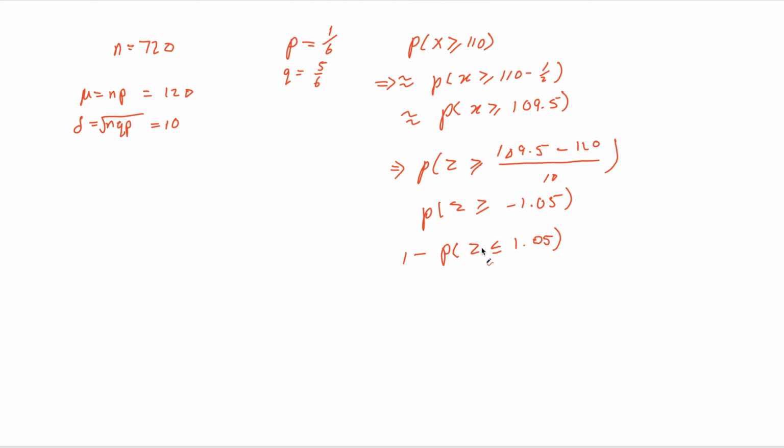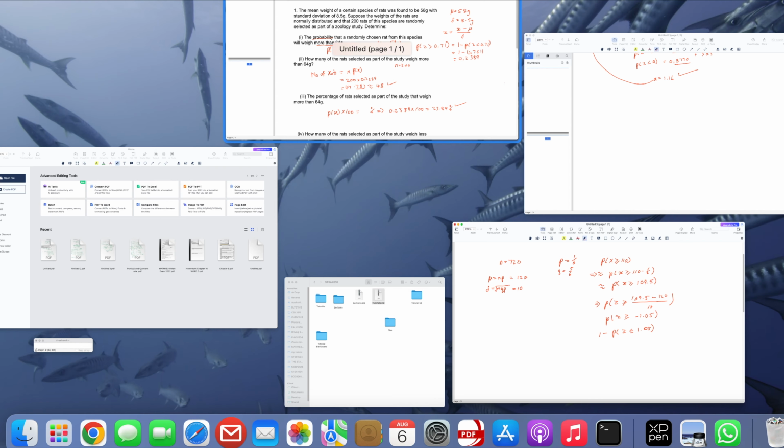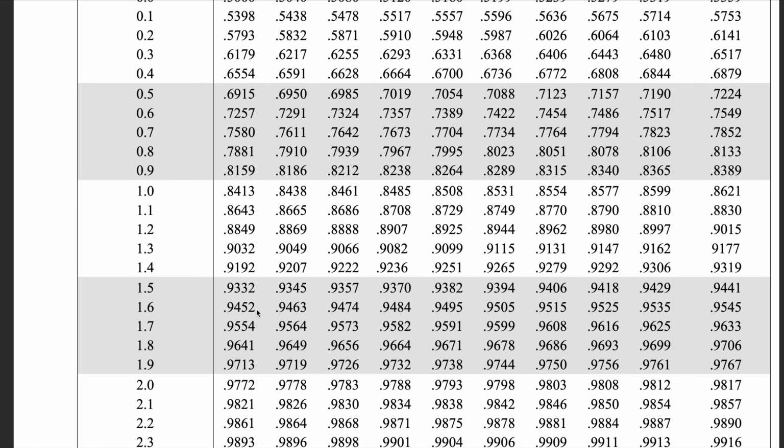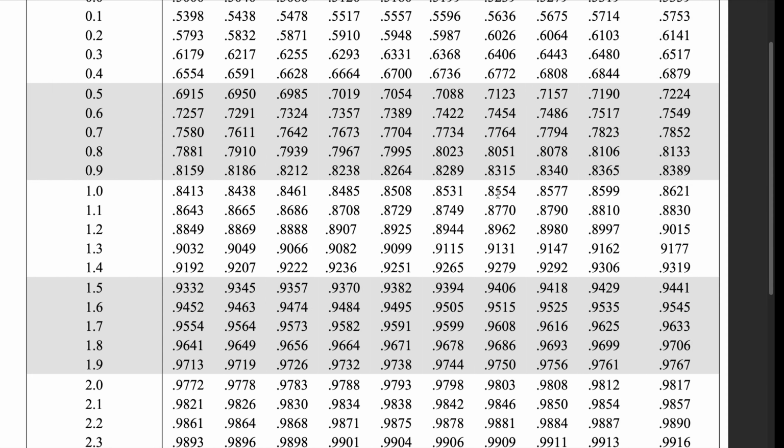Now let's just quickly look at this table. So we're looking at 1.05. It's this number. Where is it? 5, yeah, there. 5 is 0.8531.